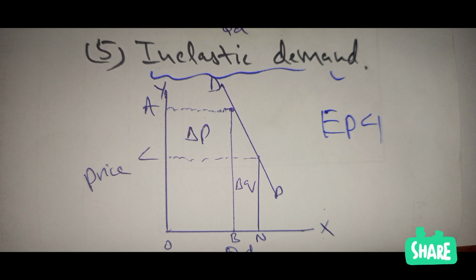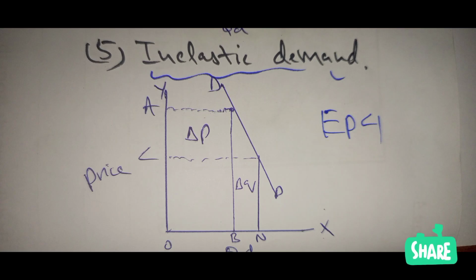Now here we move toward number 5, the fifth degree of price elasticity of demand. When a change in price causes a less than proportionate change in quantity demanded, demand is said to be inelastic.